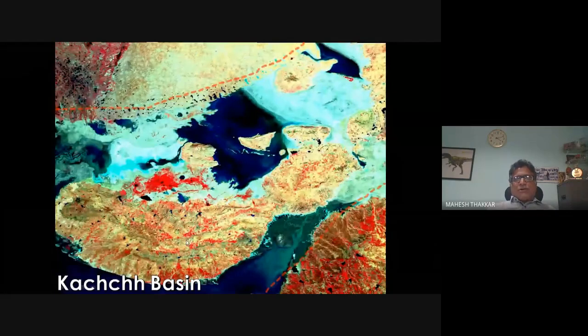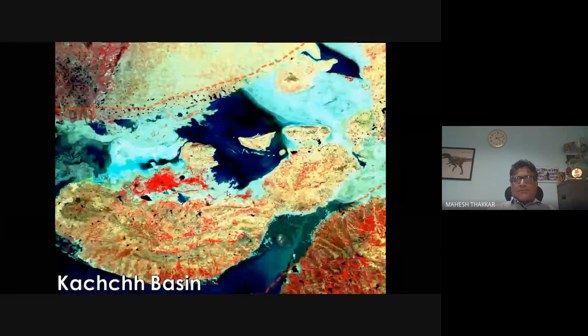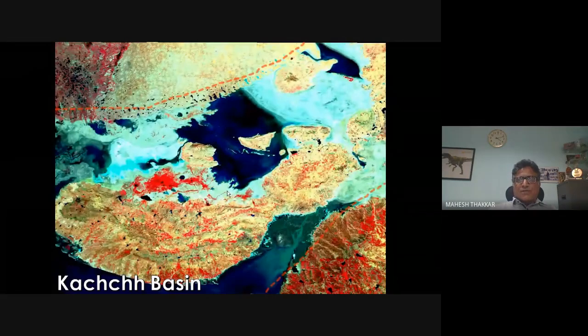So physiography: first we must learn the physiography before we go to the tectonics and structural aspects of the Kutch Basin. Physiography is very important because Kutch is the only place where the physiographic and geomorphic features run with the tectonics.